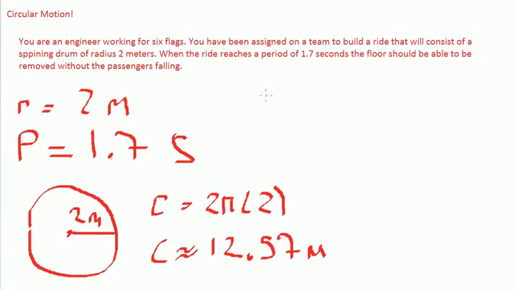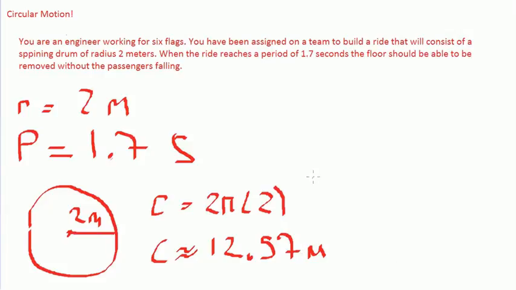And it's going to be this centrifugal force, the force coming from the center of the circle pushing out towards the circumference. And this force is going to keep the people inside the ride. They're basically lined along the circumference. It's going to keep them from falling down or falling outwards.